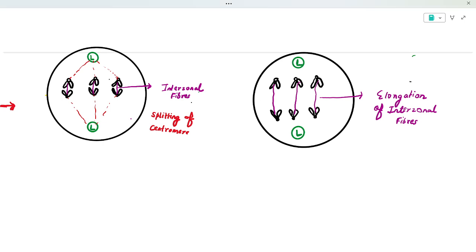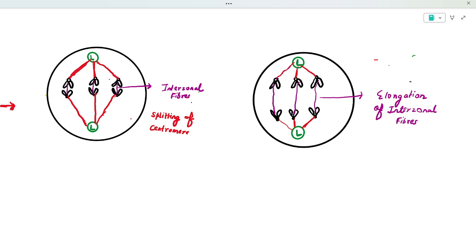As this elongation occurs, with respect to the kinetochore fibers, parallelly their shortening occurs. Here you can see these kinetochore fibers getting shortened with respect to this diagram.